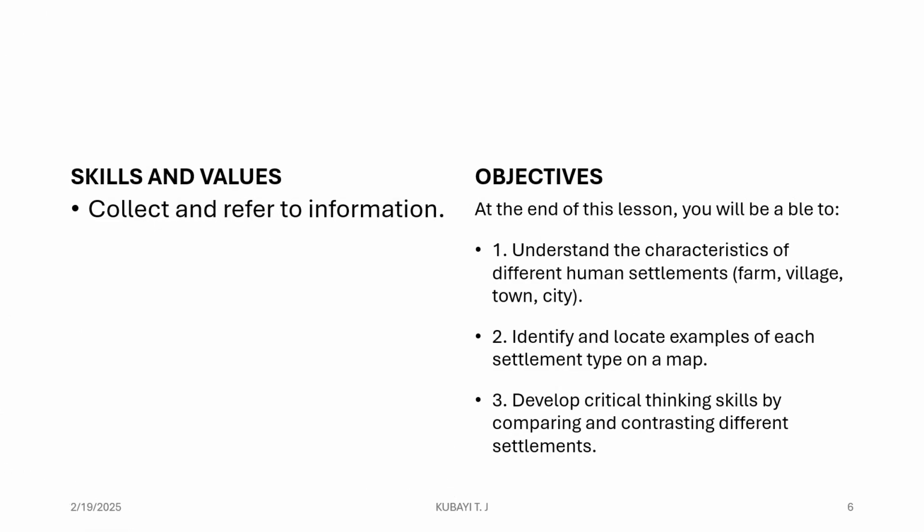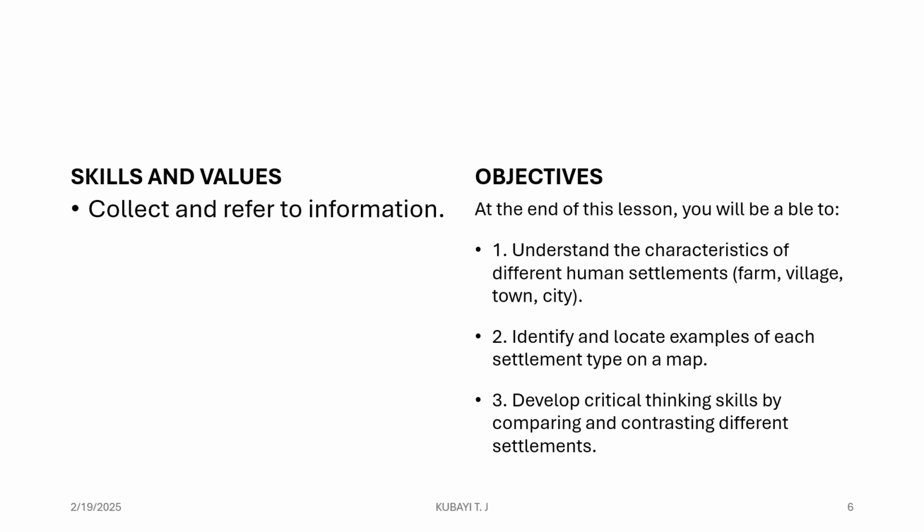Let us look at the objectives of this lesson. At the end of this lesson, you will be able to understand the characteristics of different human settlement. Number 2, identify and locate examples of each settlement type on a map.